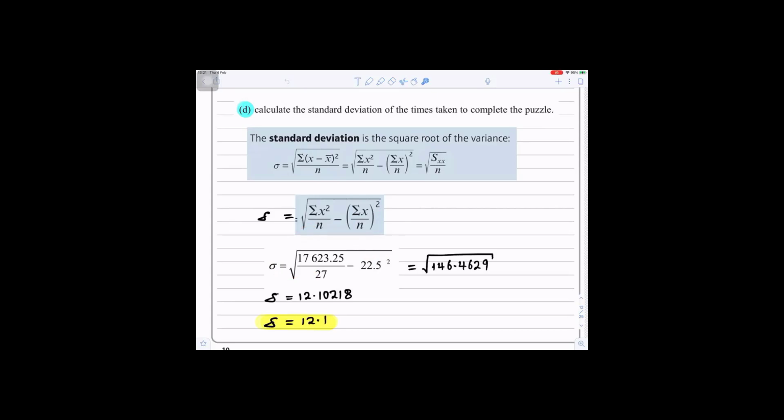So we substitute the sum of X squared, which is given in the question, 17623.5. N is 27, the number of people. The mean, sum of x over n, is 22.5, and we square the mean. And that gives you 12.10218, which is 12.1.